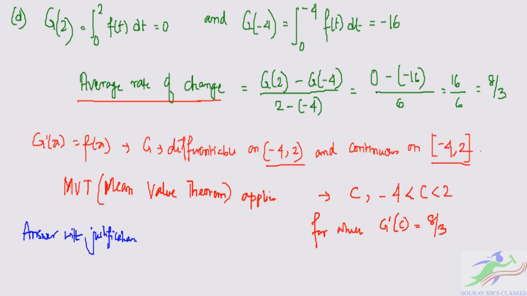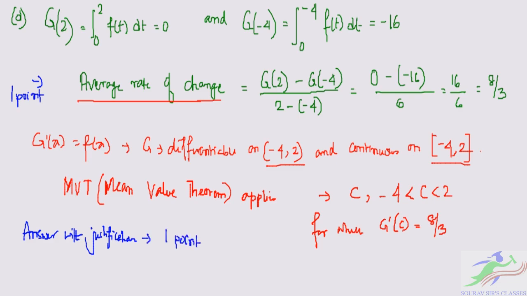So that's it. In the first part, we have to find the average rate of change, which gives 1 point, and in the second part, we give the answer with justification, which is 1 point.